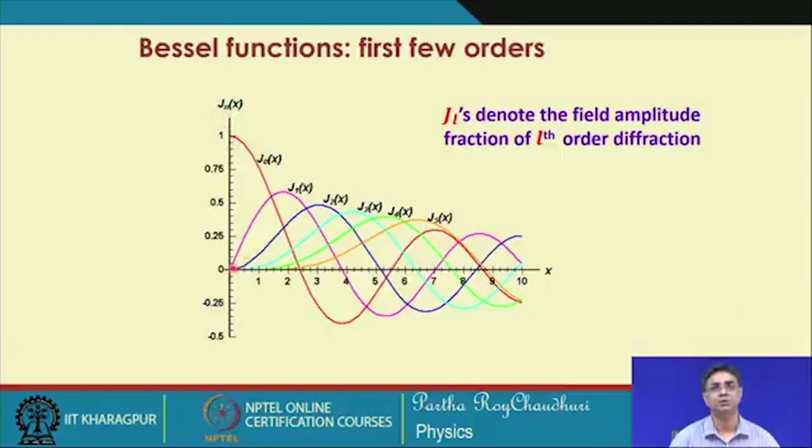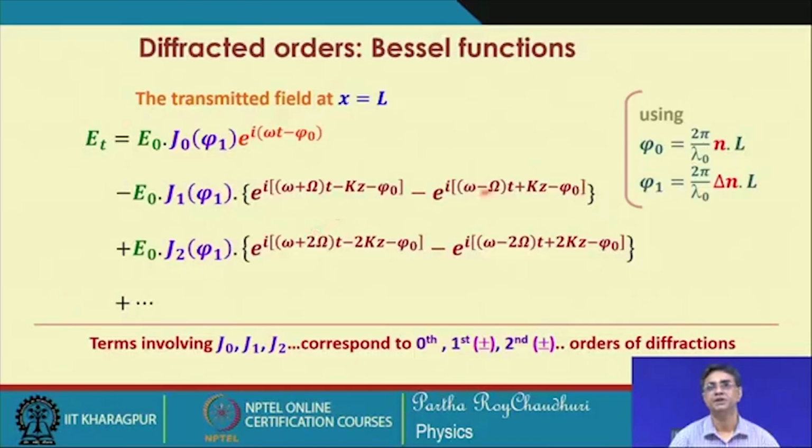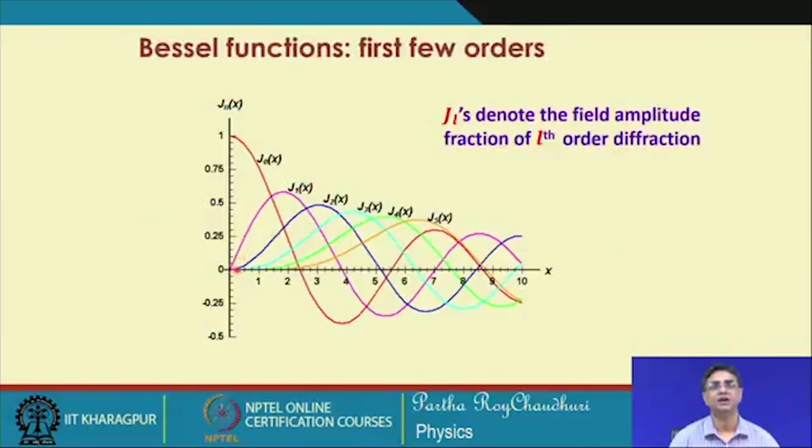And as you move away from this 0 position, in terms of increasing value of the phase phi 1, because delta n changes, the value of phi 1 changes, and you see that other orders are appearing, other orders are coming into play. When you are here, you can see that all the orders are here, this order, this order, this order.